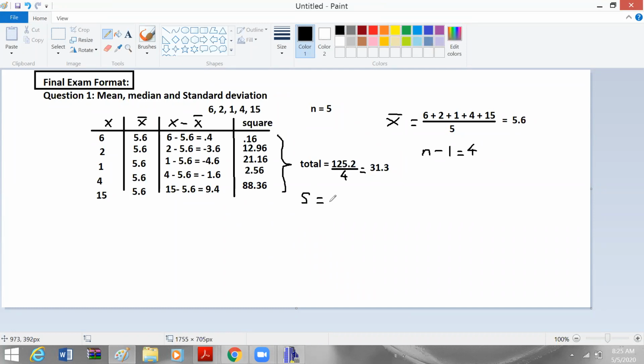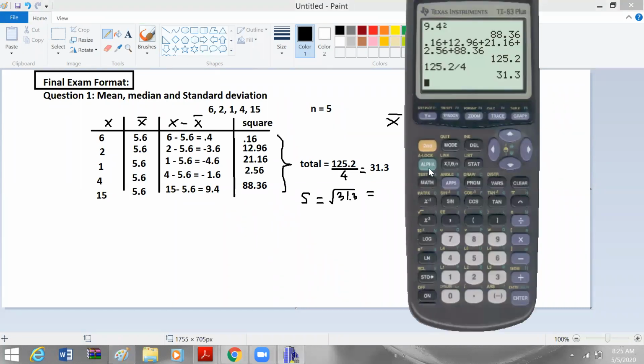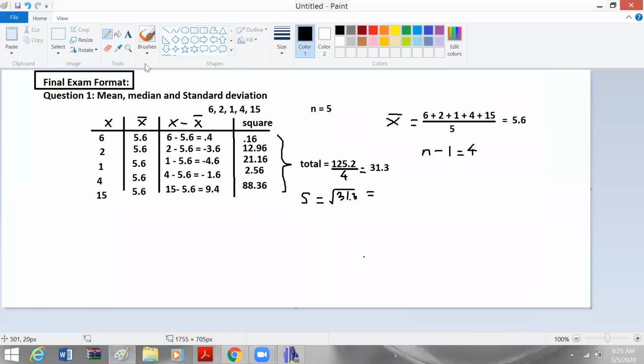Okay, so the square root of 31.3, we're going to do on the calculator. We're going to take the square root of 31.3. We got 5.6, or 5.59 to be exact.